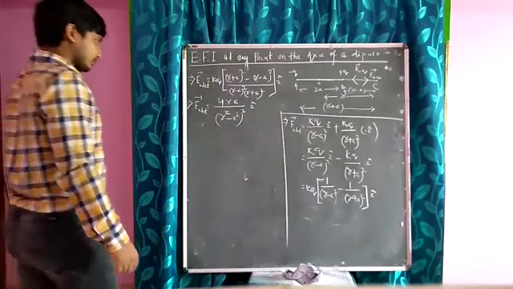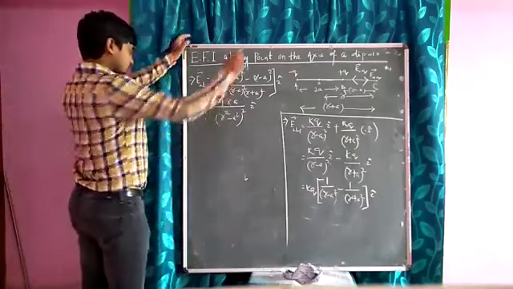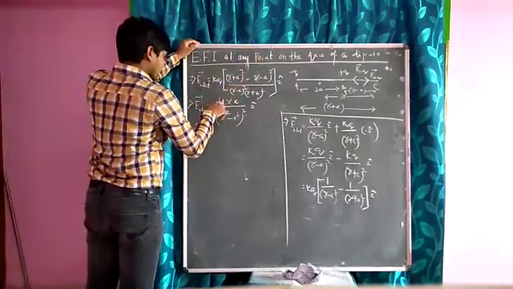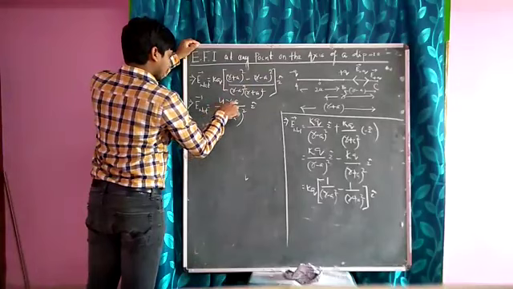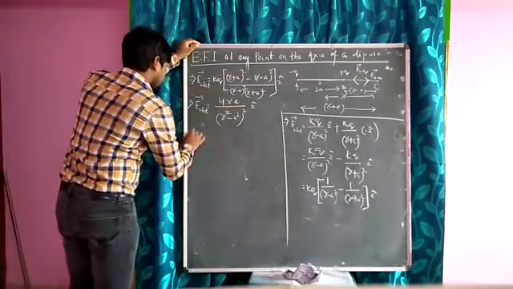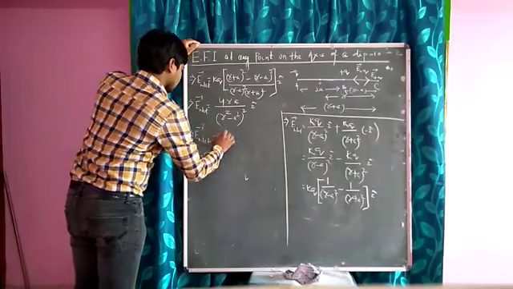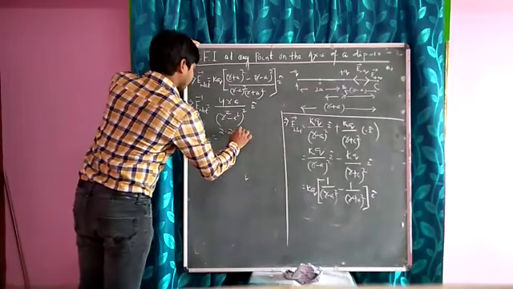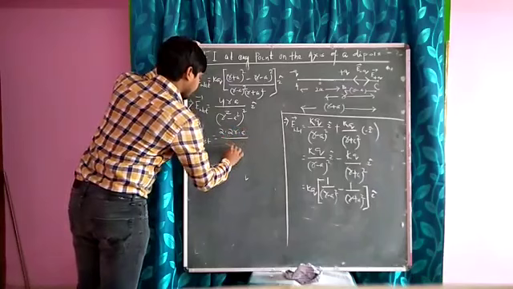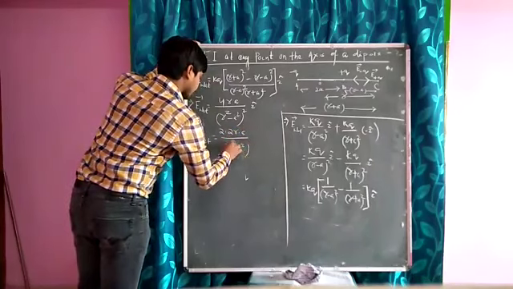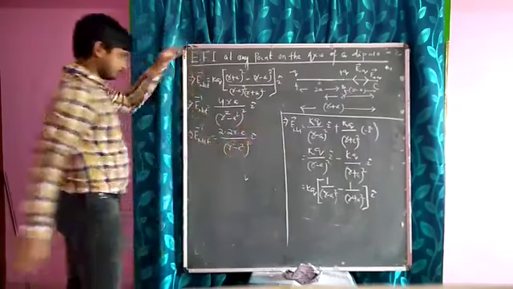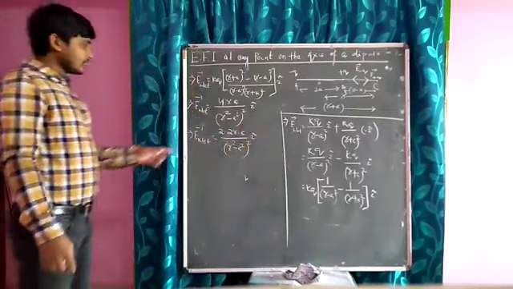Is it clear? So now I will write this expression 4RA divided by R square minus A square whole square into I cap. Why I have written like this?